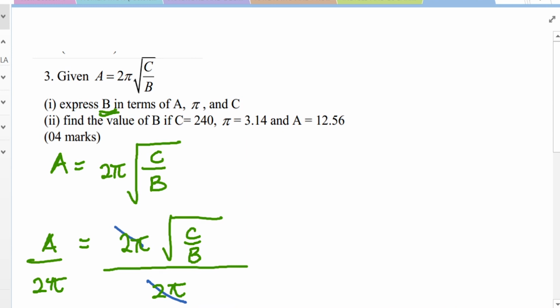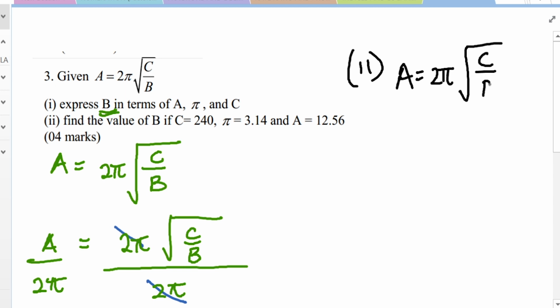We could even substitute in just this expression. Roman 2, we know that a is given by 2 pi into the square root of c over b. They want us to find the value of b. Oh, let's use the expression we got earlier.